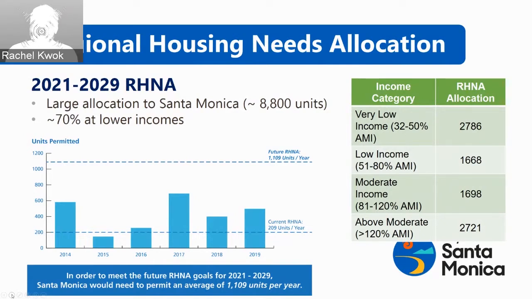And so the breakdown, as I mentioned before, for the affordable housing, it's 70% that must be at lower incomes, and this is the breakdown that's shown on this table. As you can see, it's going to be quite a challenge to ensure that we will be providing this affordable housing inventory here.